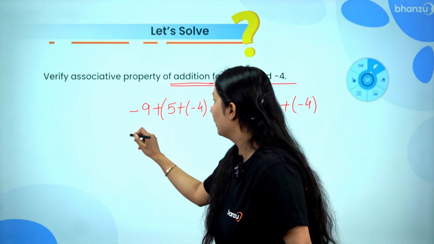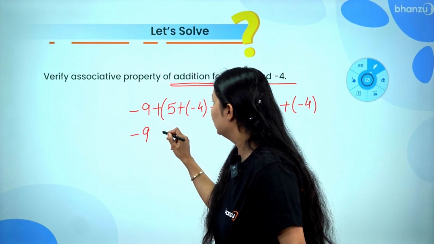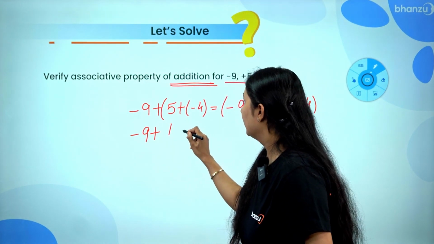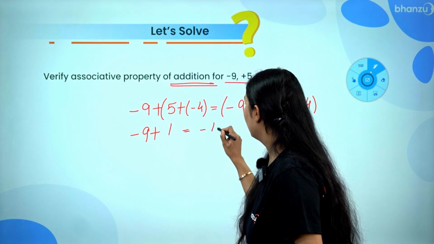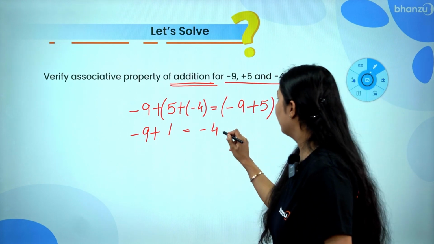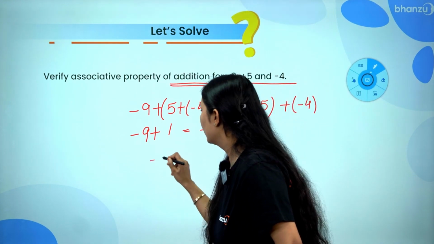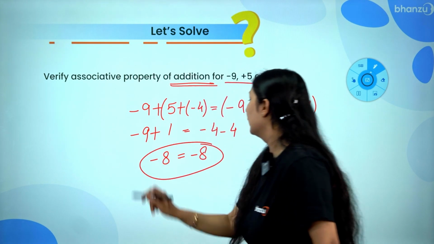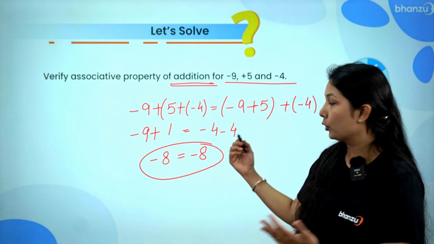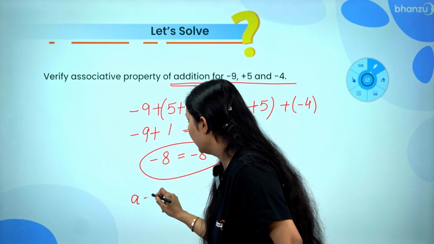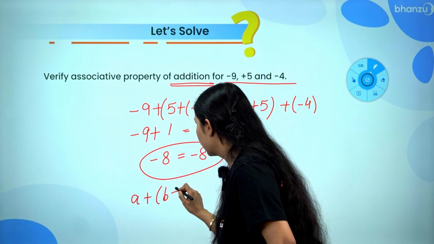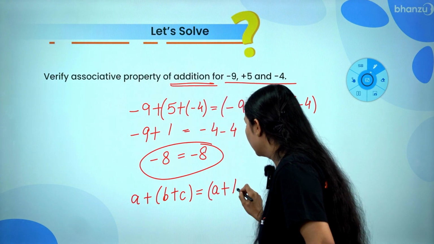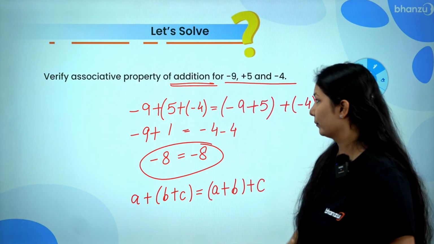What do we get? Minus 9, and in the bracket we get 5 minus 4, which is 1, equals minus 4 plus minus is minus, right. So what do we get over here? Minus 8. Here also minus 8. So that means it holds good. It shows us the statement that a + (b + c) equals (a + b) + c, right?